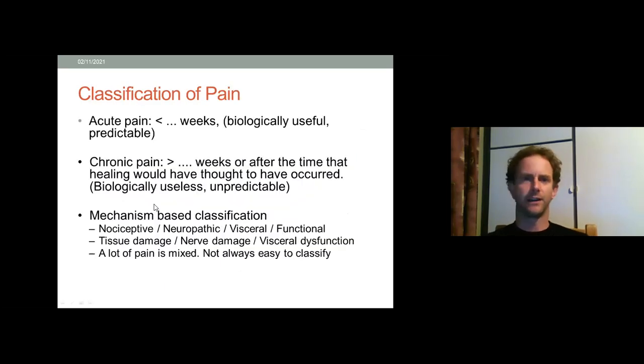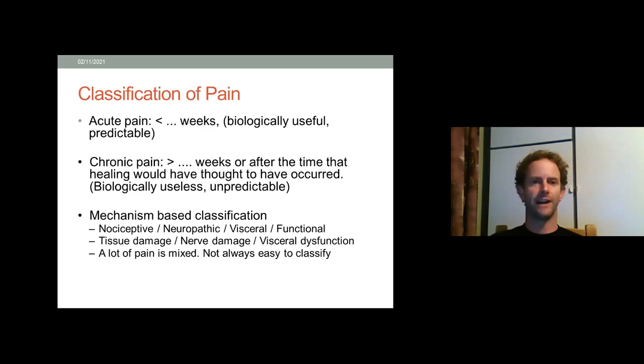So let me just quickly go into acute pain versus chronic pain. Acute pain is useful, it's predictable, it has a biological significance in that it's protecting the body. Chronic pain is always pathological. There's no survival benefit to an organism from having pain that continues past the point of healing. So it's basically biologically useless.